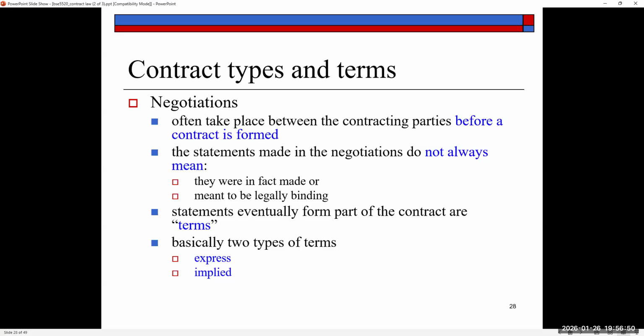We also have implied contract terms. So express meaning what? Clearly written, clearly stated in the contract. Contract clauses clearly stated. In maintaining this building, the contractor needs to clean the air filter once a month, for example. This is very clear, right?